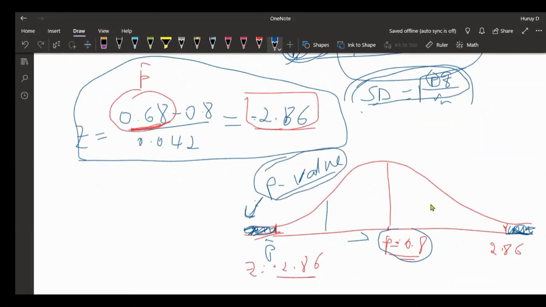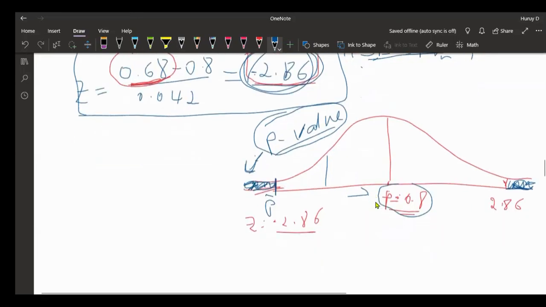And this p-value is to the left of your calculated z-value. This is your calculated z-value. We got negative 2.86. So the area outside this one, to the left or to the right, will be the p-value.